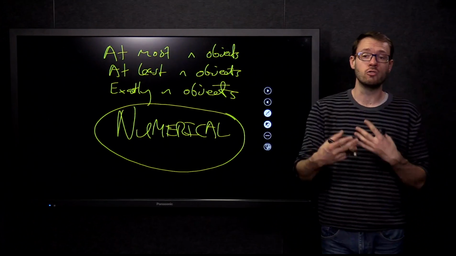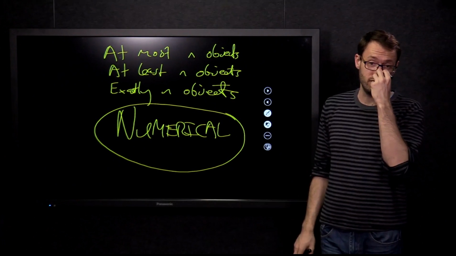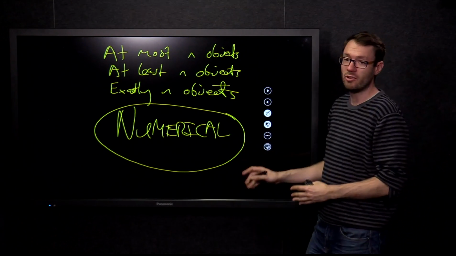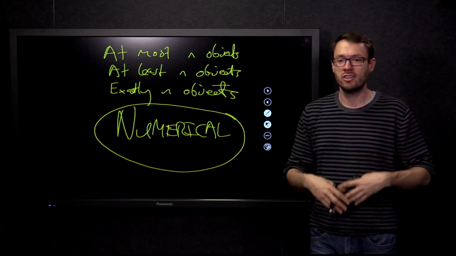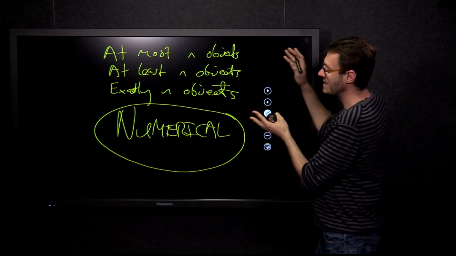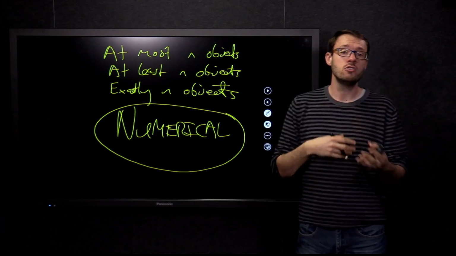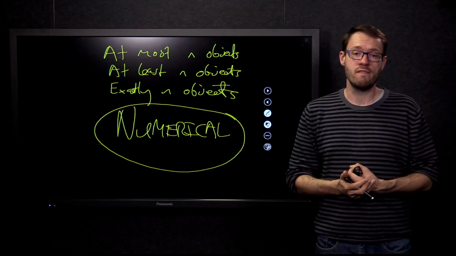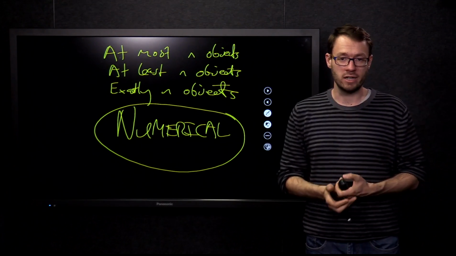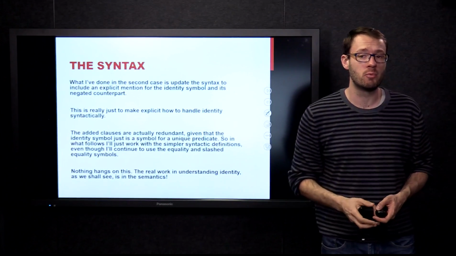And so it starts to look like you can rebuild chunks of mathematics using the basic resources that we have inside logic. As I said before, turns out you can't do this completely, you can't rebuild all of mathematics. But I think it's very interesting that you can at least get this far. You can start to express these fairly complex numerical concepts using only the resources available to you inside general predicate logic.